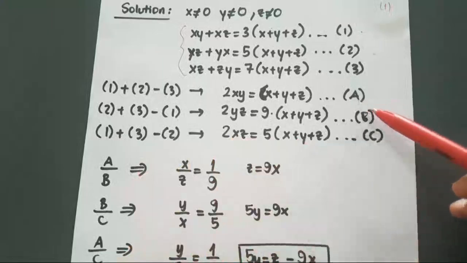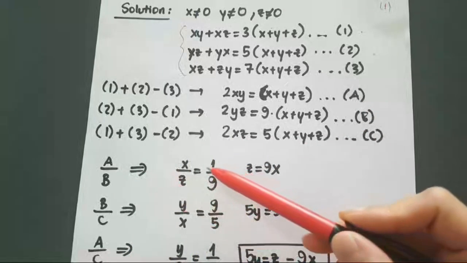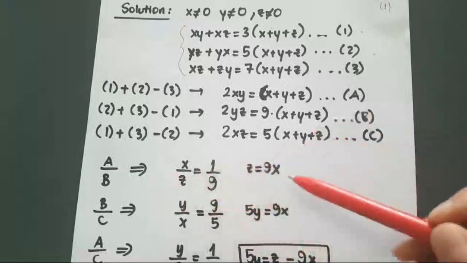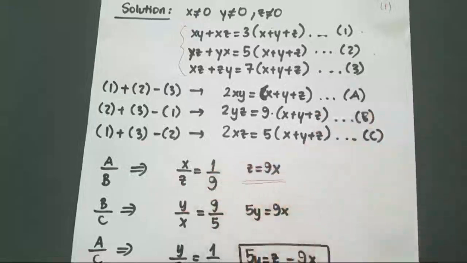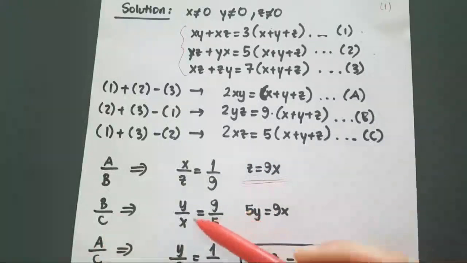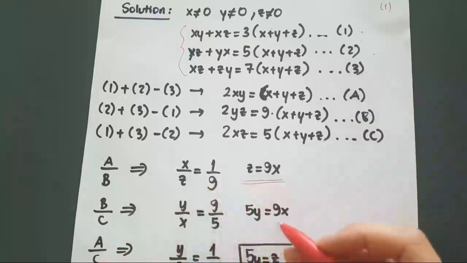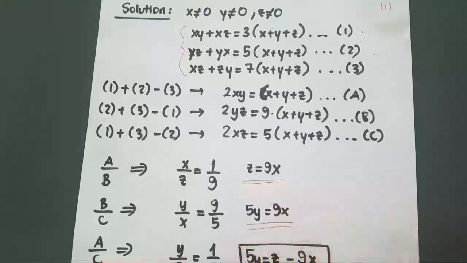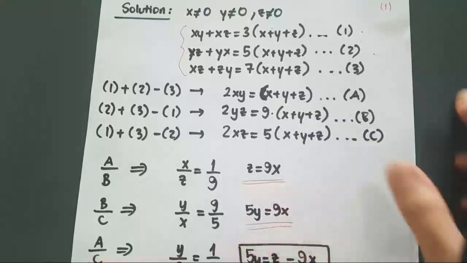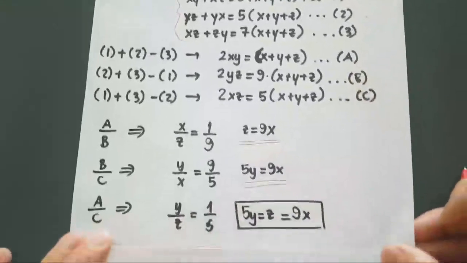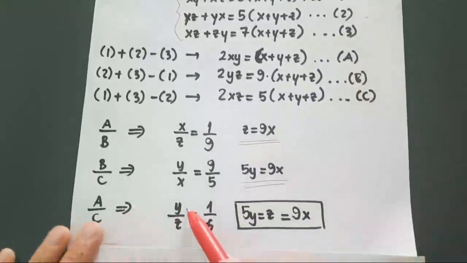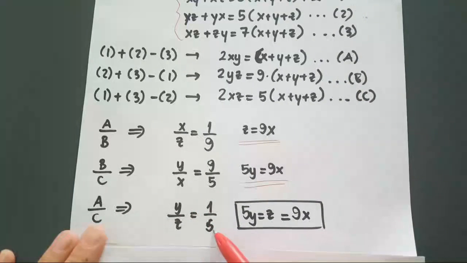And if I use a and b, a over b is x over z, which is 1 over 9, which means that z is 9x. And if I check b over c, it is y over x. y over x is 9 over 5, which means that 5y is 9x. And a over c is y over z, which is 1 over 5.